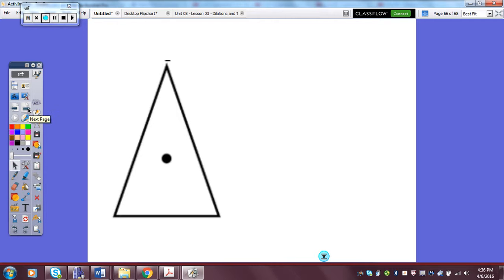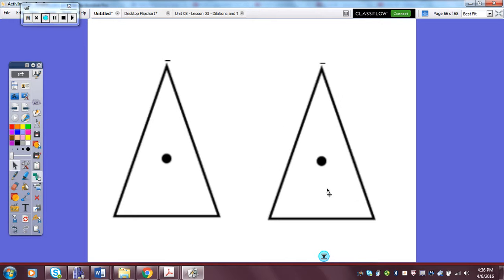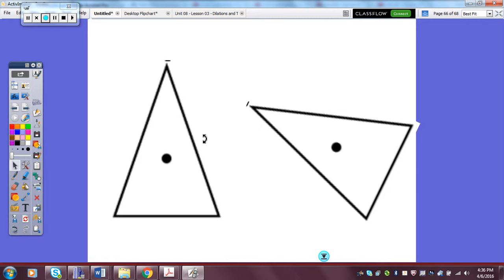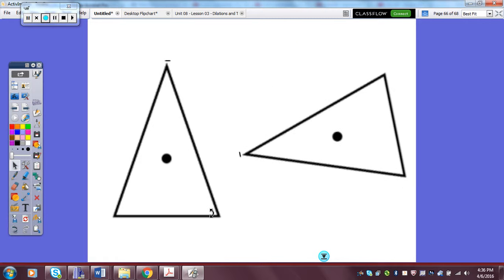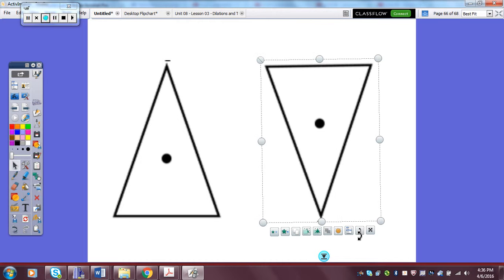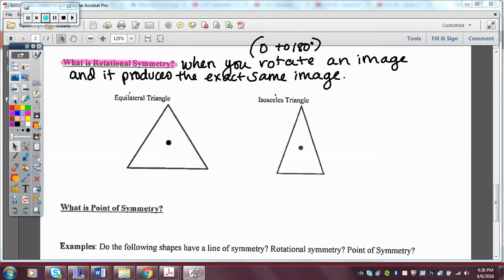Let's do an isosceles triangle. Can I rotate this anywhere from 0 to 180 degrees where it's going to look exactly like this figure over here? Let's try. Nope, that doesn't look like it. Now it's upside down, which means it's at 180 degrees. So no, an isosceles triangle does not have rotational symmetry.